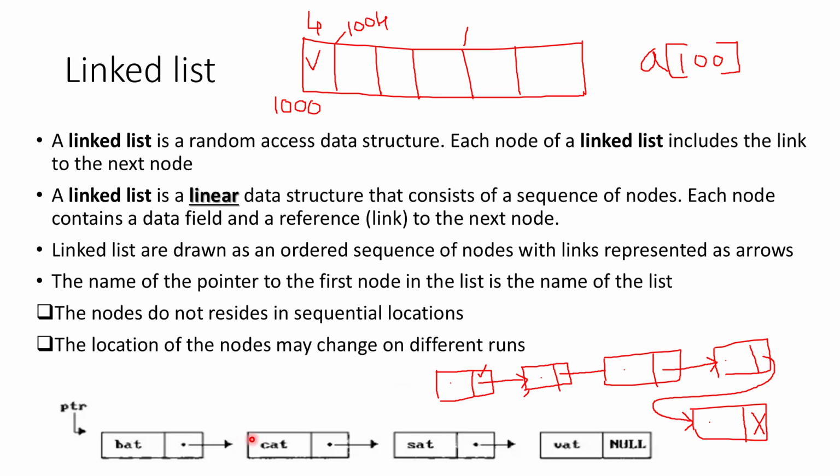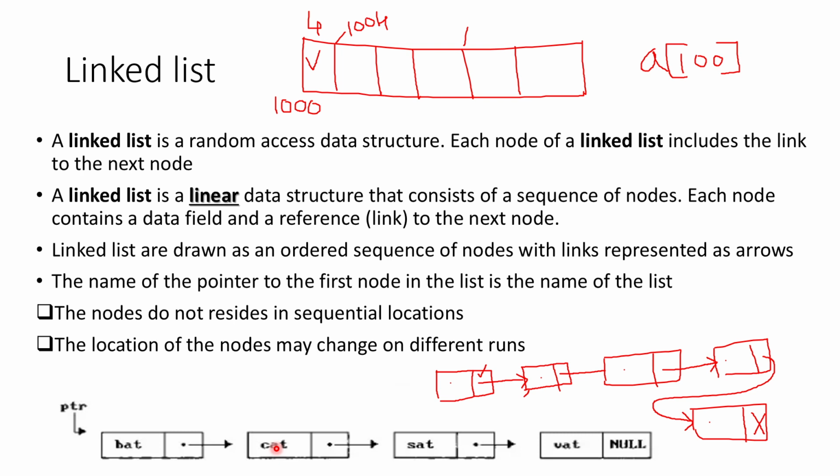The meaning is that you are going to put the address of the next node in the previous node. Note that the nodes do not reside in sequential locations. The addresses of these nodes are not sequential. We don't know; this node in memory may come before or after that location. We can't guess the address of those nodes.